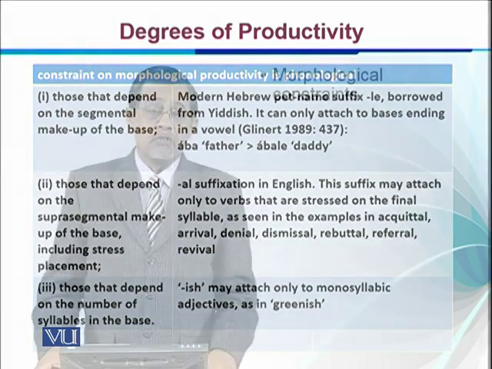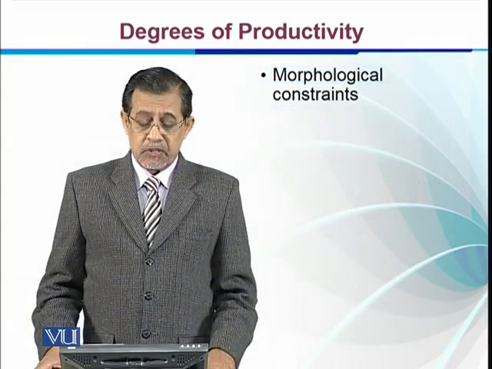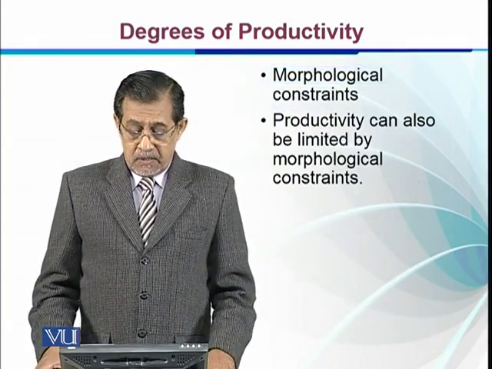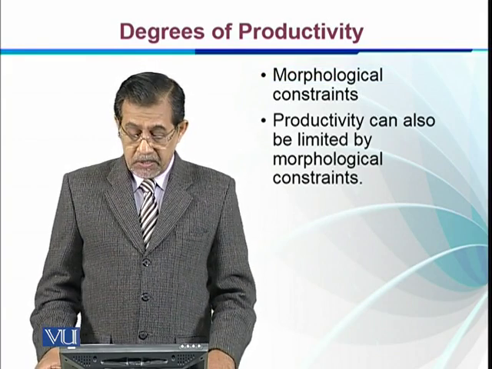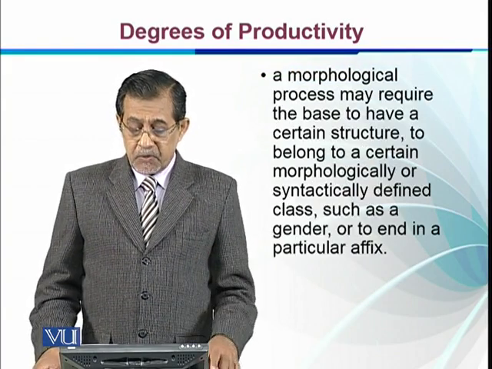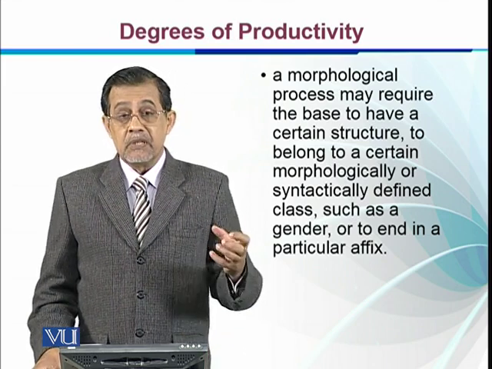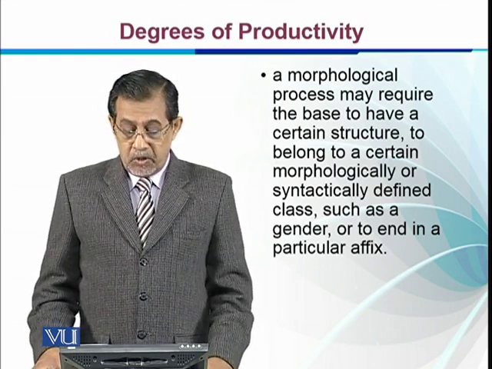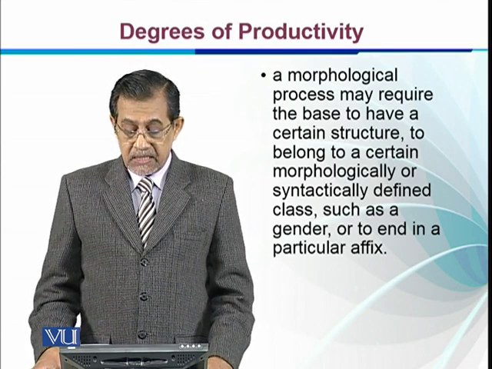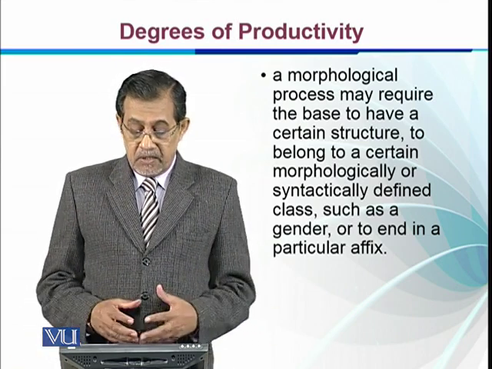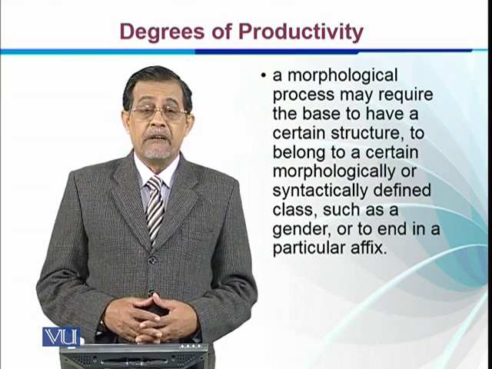The second constraint is the morphological constraint. Productivity can also be limited by morphological constraints. A morphological process may require the base to have a certain structure, to belong to a certain morphologically or syntactically defined class, such as gender, or to end in a particular affix.